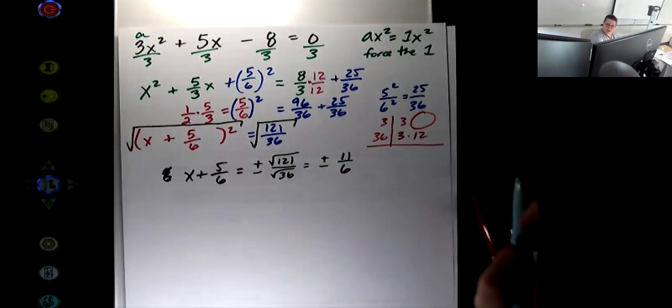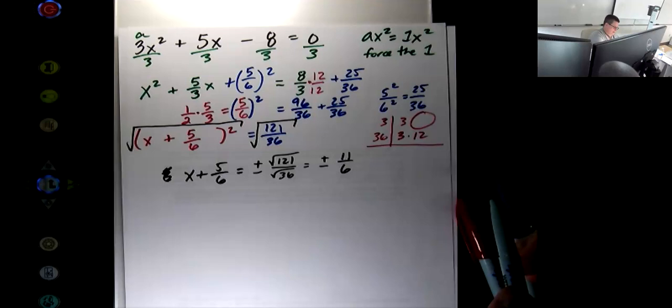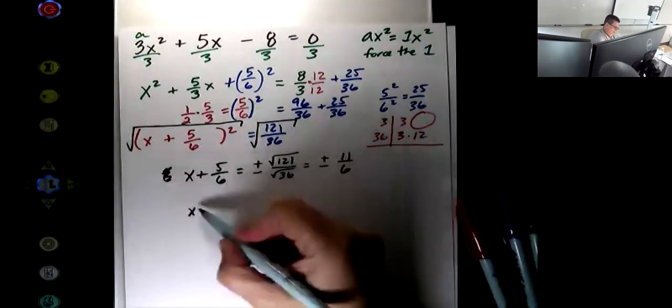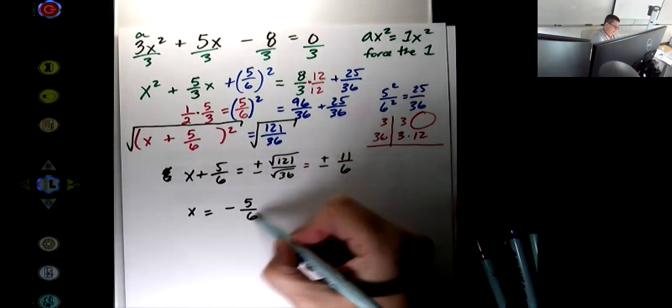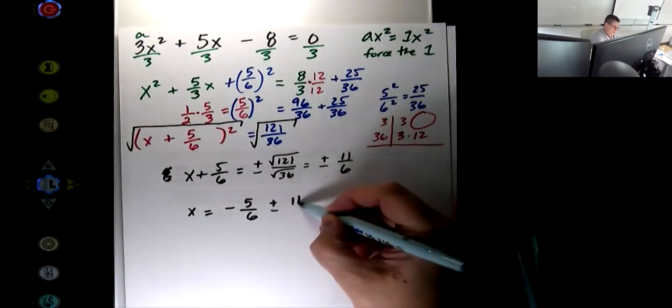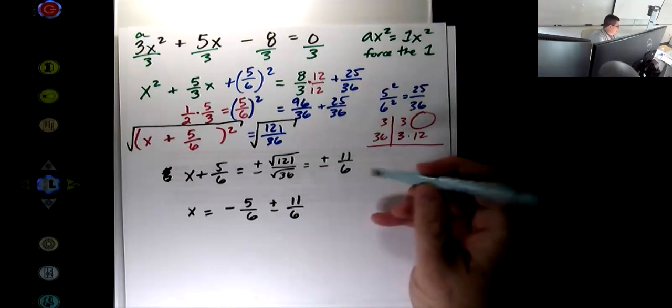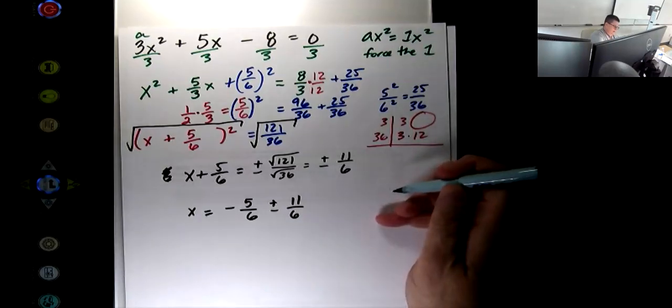They're both perfect squares. So if I subtract 5/6 from both sides. Gotcha.